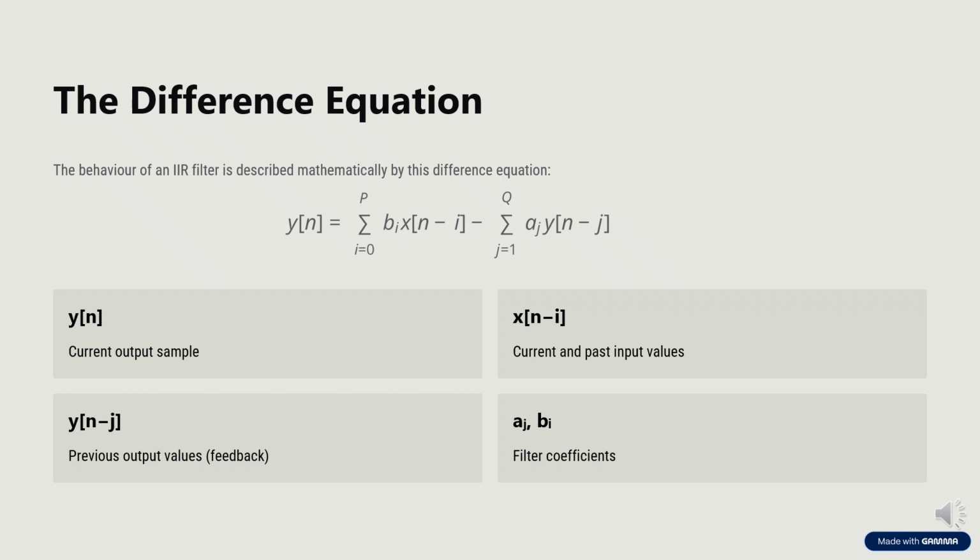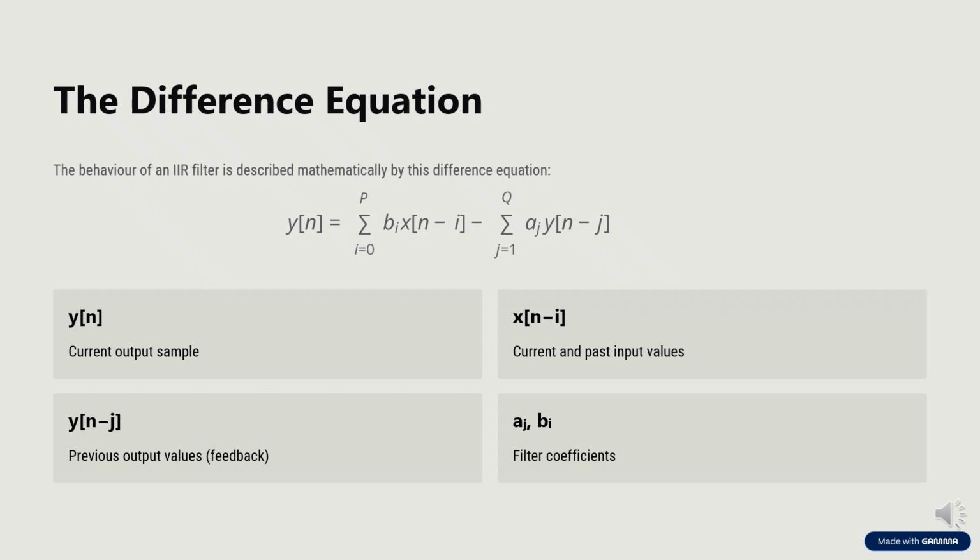First of all, this equation is derived as follows: we take the transfer function of the filter in the analog domain, then apply a bilinear transform to convert it into the digital domain, and with further calculation you get this equation.